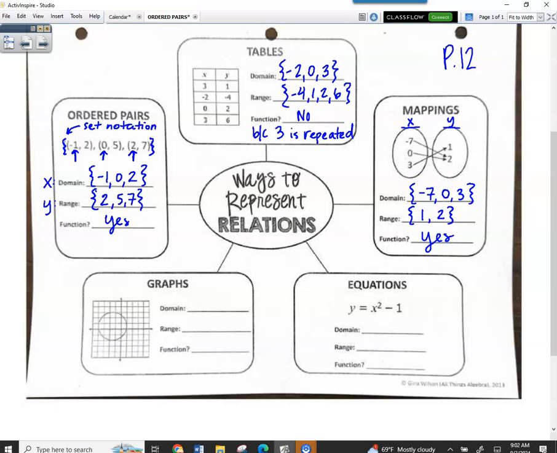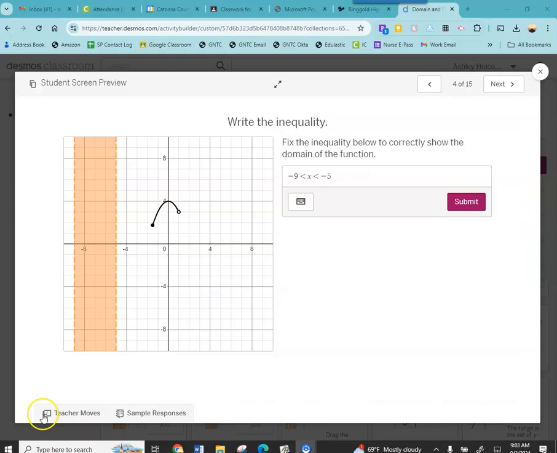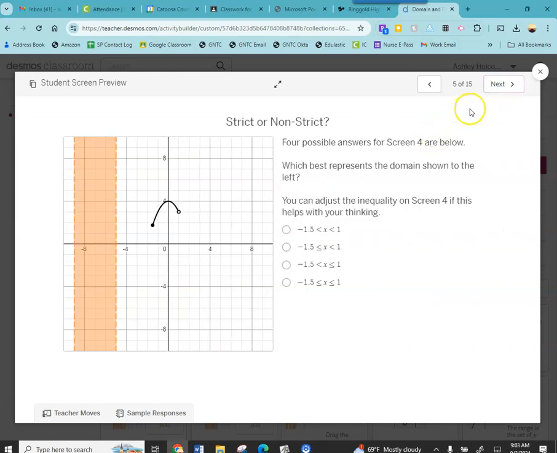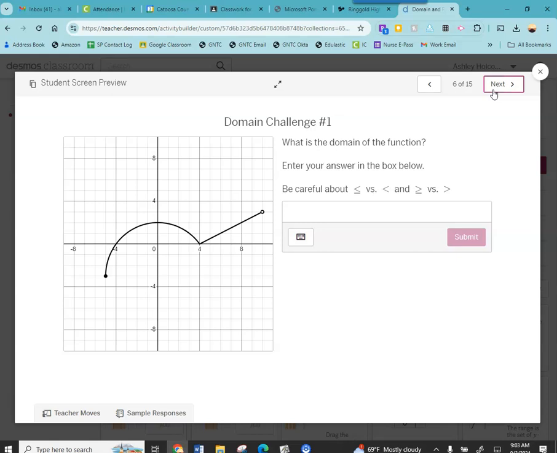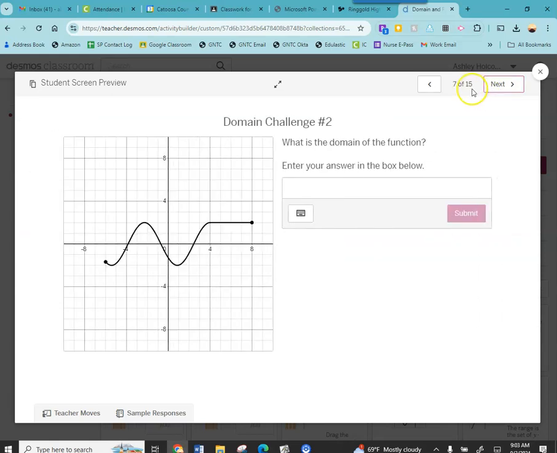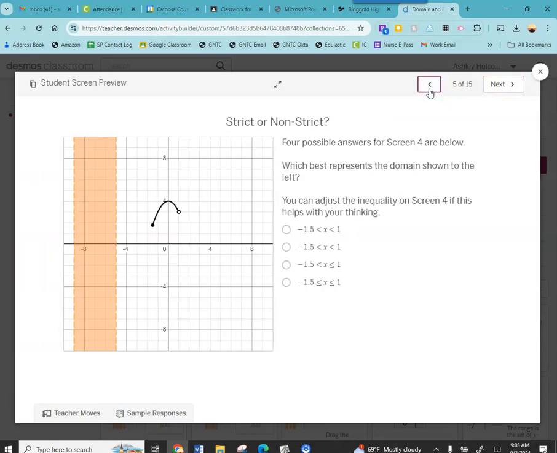I want everybody to try it first. Just try it. If you're struggling with this, you are asking yourself, where would I drop some highlighted sections to cover the graph? Okay.